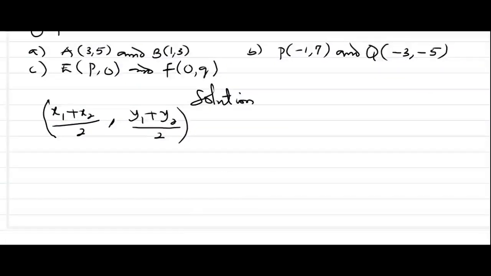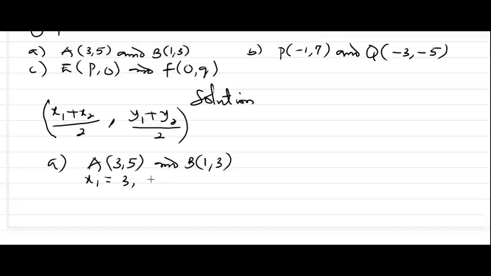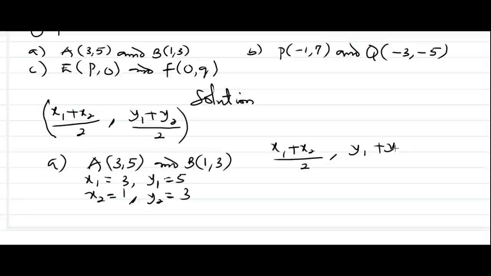So let's attempt the first question. We have A into 3, 5 and B into 1, 3. So our x1 is 3, our y1 is 5, our x2 is 1, and our y2 is 3. So using this formula, we have x1 plus x2 divided by 2, comma, y1 plus y2 divided by 2.